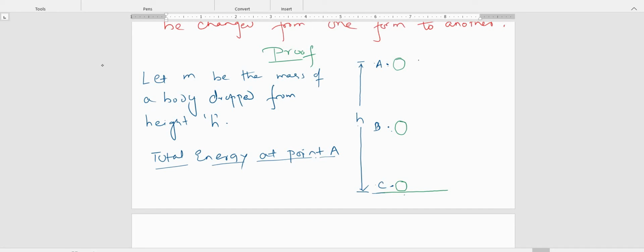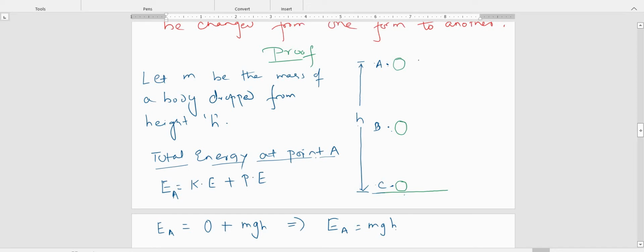So total energy EA, the energy at point A, is the sum of kinetic energy plus potential energy. Kinetic energy is 0, because half m v square, velocity is 0, and potential energy will be mgh, you know. So the total energy at A is m into g into h.